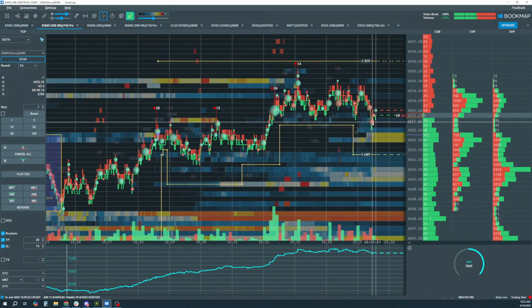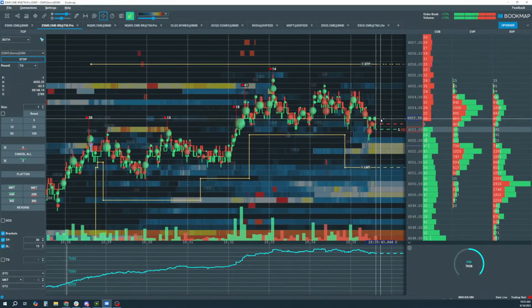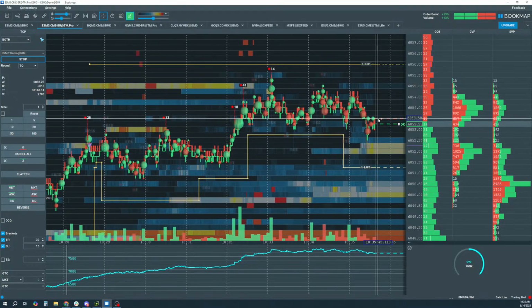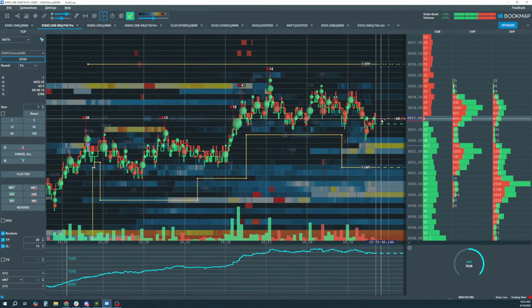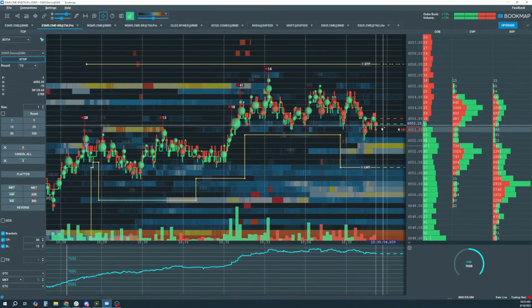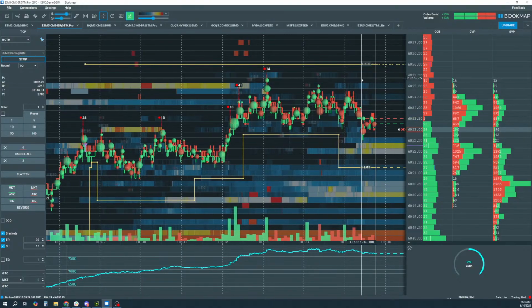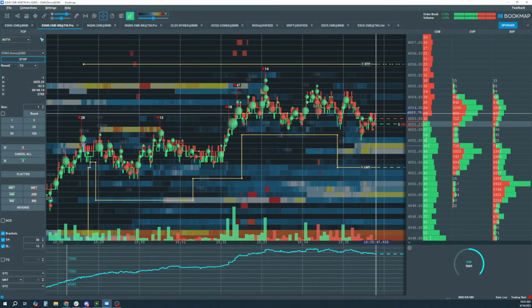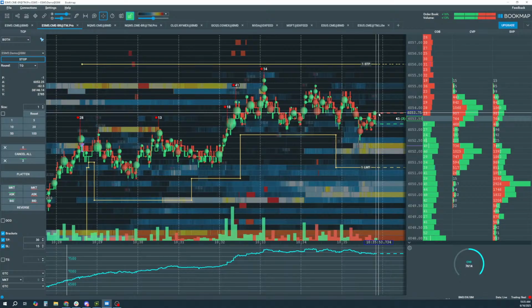Okay, so there's our move. Now let's see if we get exhaustion here. Maybe we have enough buyers in here so far, enough demand. Do we have supply coming in? Let's see. This is going to tell us right here. If we get some buyers up here, we're out.